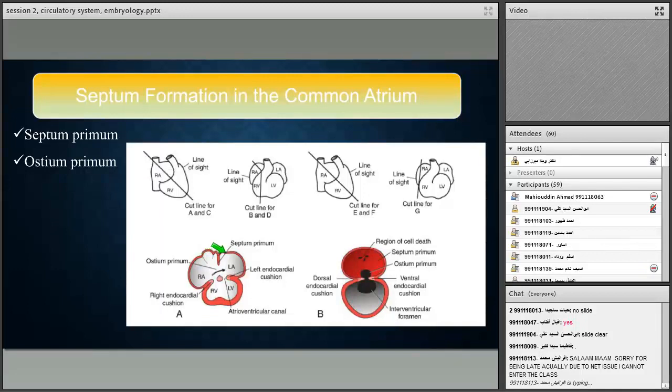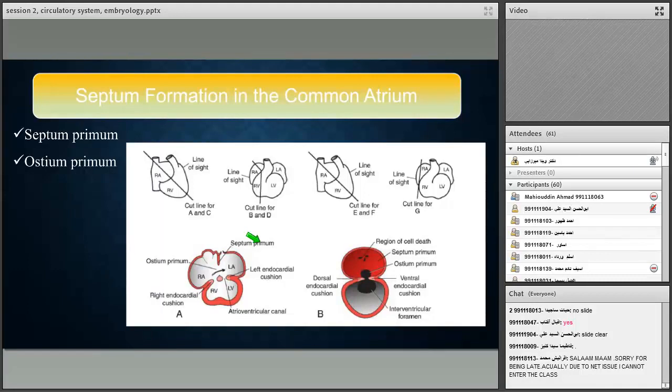From the roof of the common atrium, a sickle-shaped crest will grow. We call this crest the septum primum.